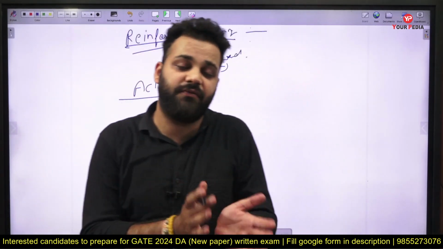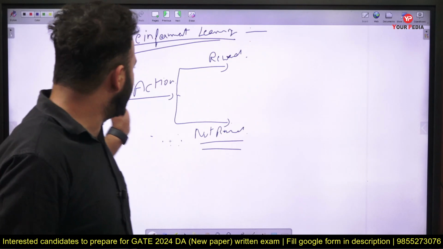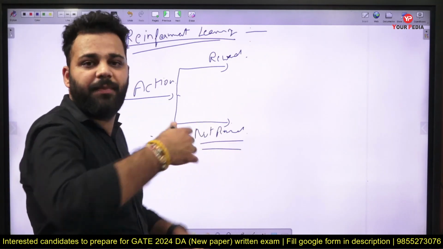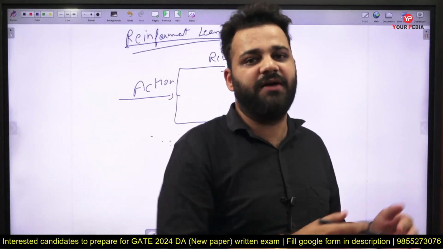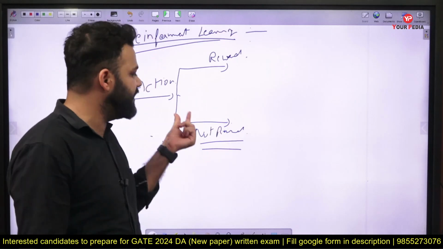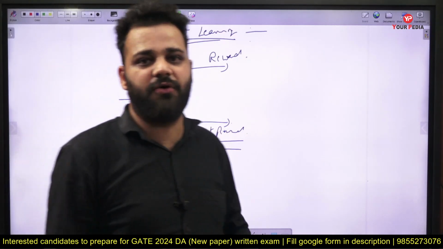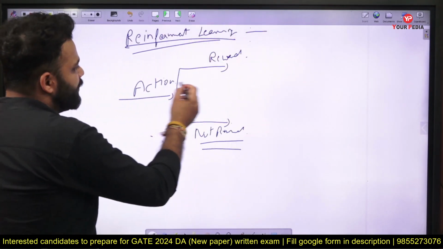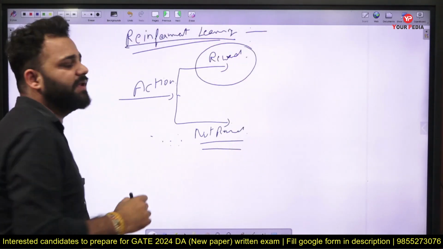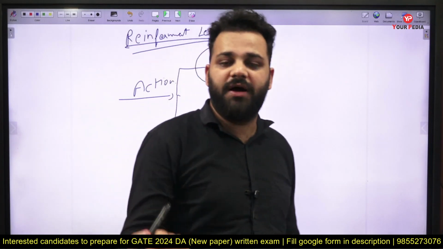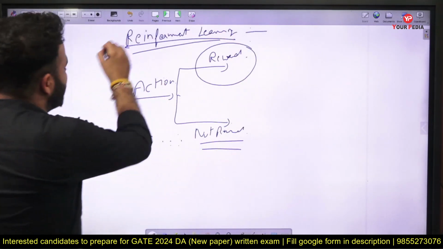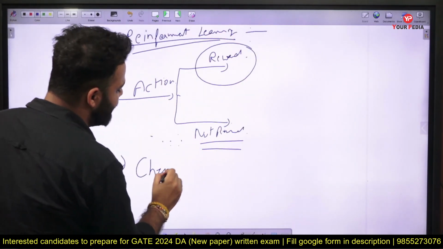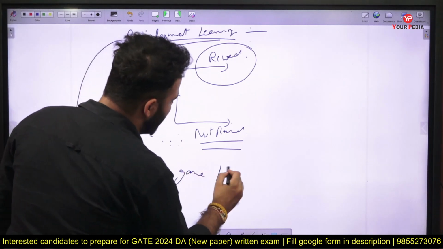And after that, when it again performs the action, it will see that previously when I performed the action in that way, I was rewarded. When I didn't perform the action in that way, I was not rewarded. So it will learn from its behavior and it will then improve based on this reward system. The most basic example of this reinforcement learning is, let's say, chess game engines.